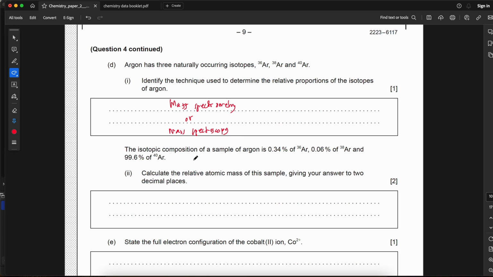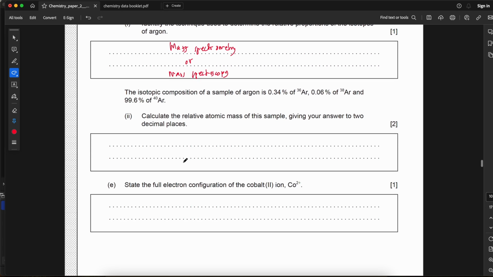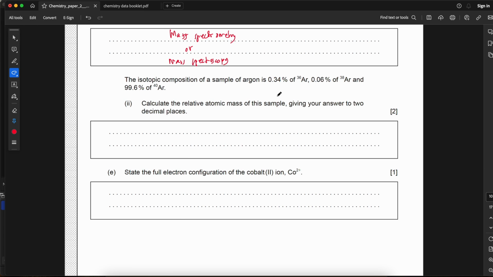The isotopic composition of a sample of argon is 0.34%, so that would be 0.0034, divided by 100, and the other numbers. So calculate the relative atomic mass.